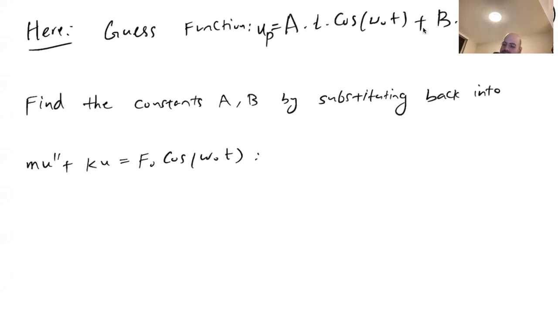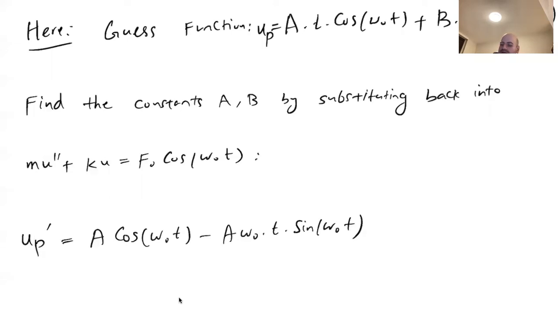So what will be up prime? The first derivative, I have to use the product rule because I have multiplication of two functions, t and cos omega naught t. Then I'll have a times cos omega naught t minus a omega naught t sine omega naught t.